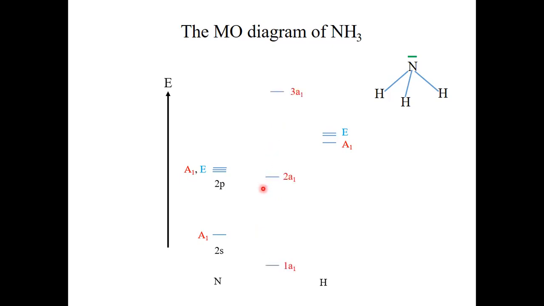So you have to write your orbitals accordingly into the molecular orbital diagram and also label them properly. The one with the lowest energy is labeled 1A1, the one with the second lowest energy is labeled 2A1, and the one with the third lowest energy is labeled 3A1.